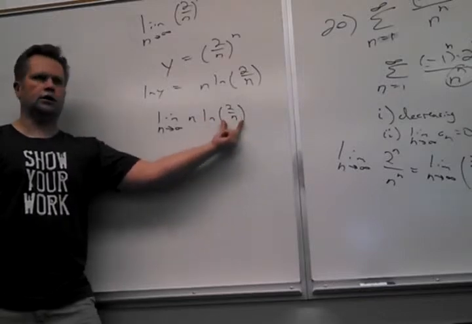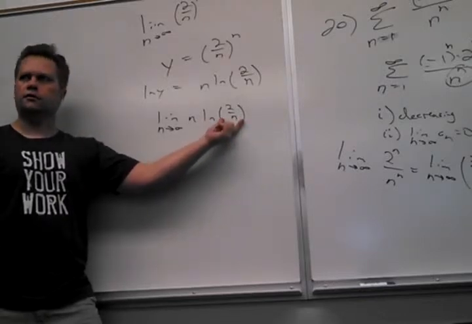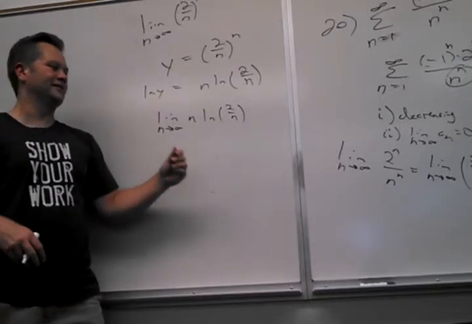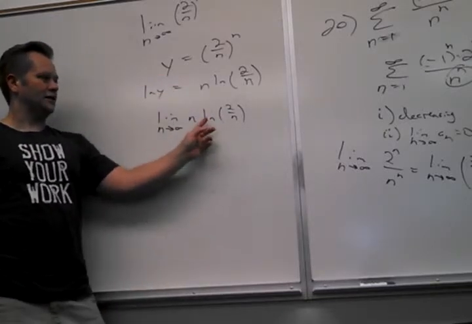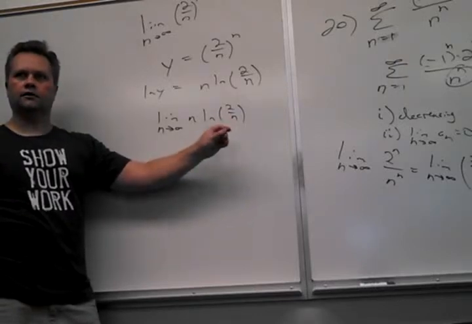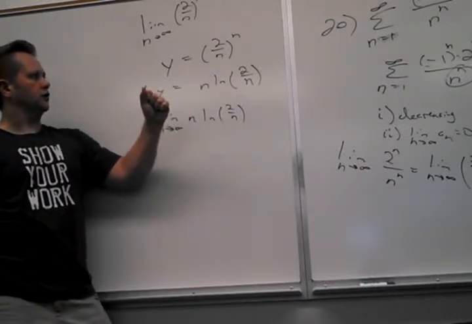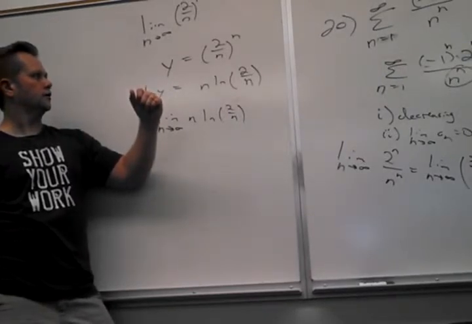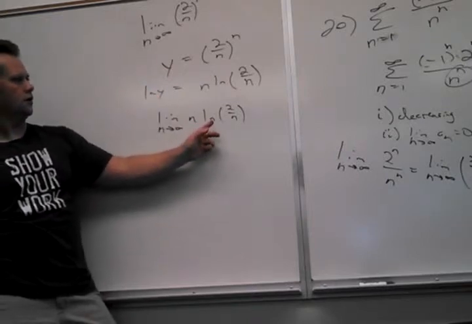Natural log of 0 is... no, natural log of 1 is 0, right? So what's the natural log of 0? Negative infinity. Yeah. So that is really, really freaky. And natural log of 2.